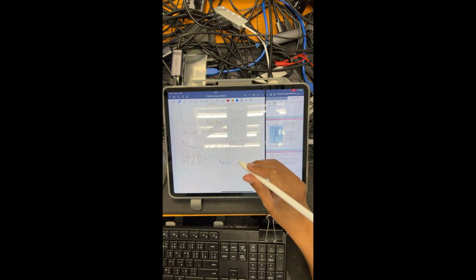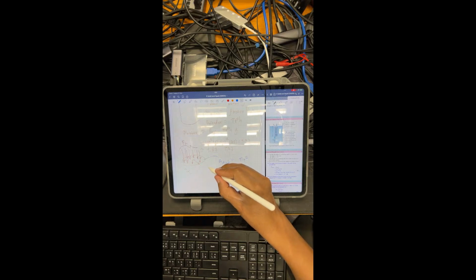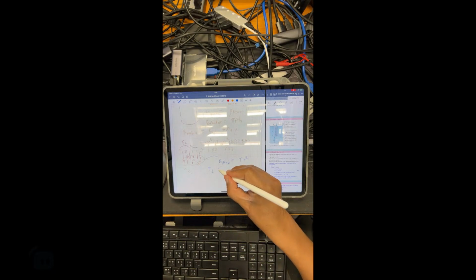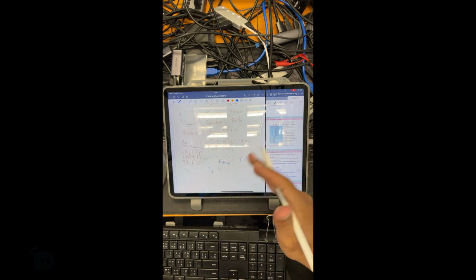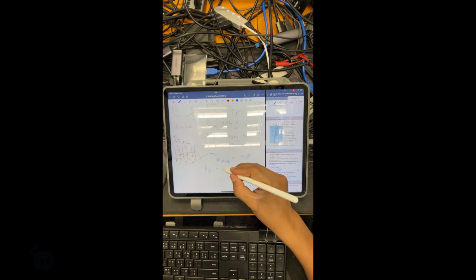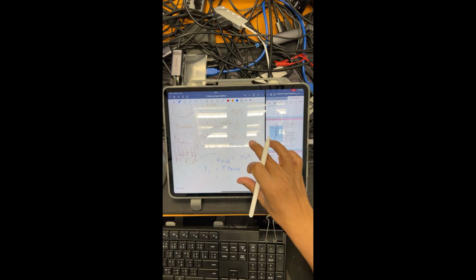It's a circle, so area is equal to the area of a circle, which is pi r square. And F perpendicular will be equal to pressure times A disk, since pressure is F by A. So if you want to find F, you have to move A to the other side.